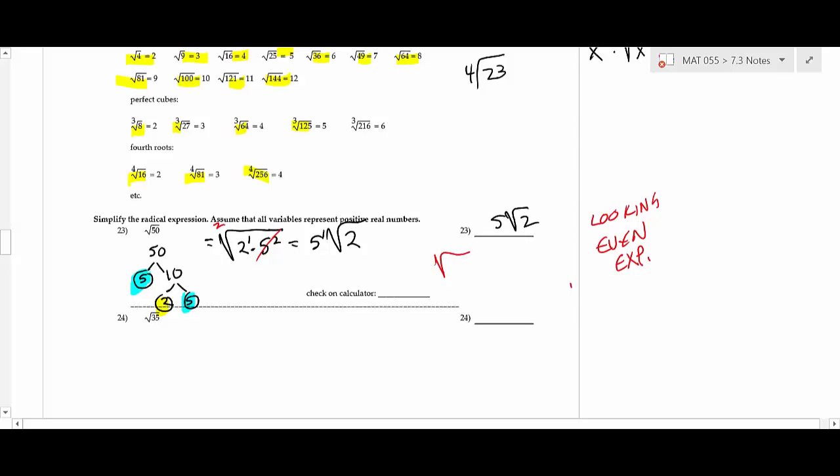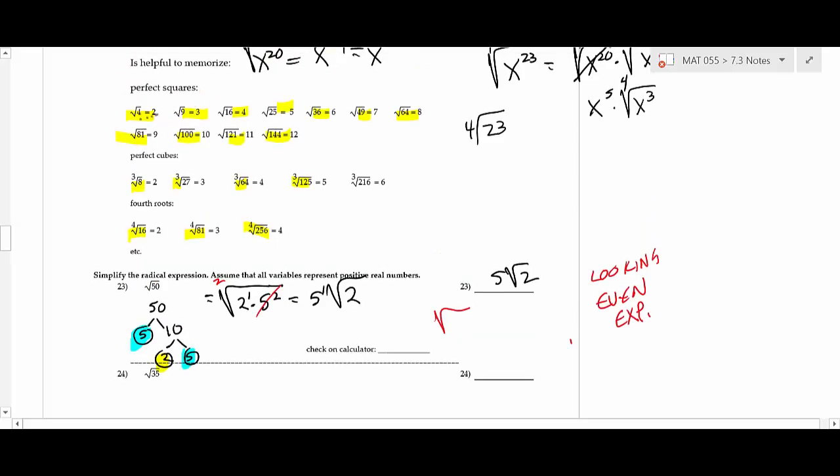Okay, if you look at your list of square roots, let's see which one of these numbers goes into 50. Does 4 go into 50? No. Does 9 go into 50? No. Does 16 go into 50? No. Does 25 go into 50? Yes. Aha. So we could just write this as 25 times 2, right?